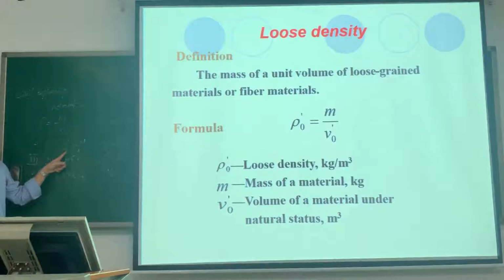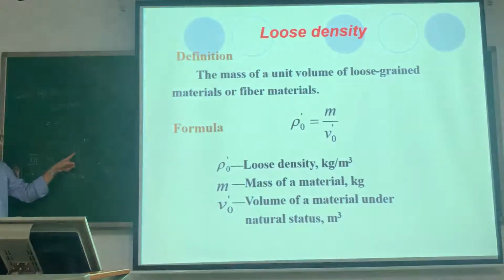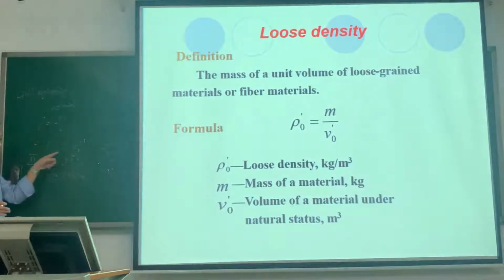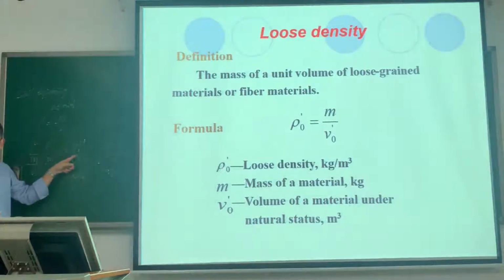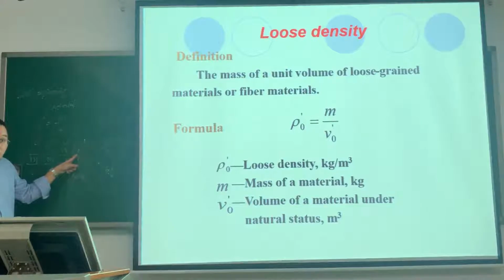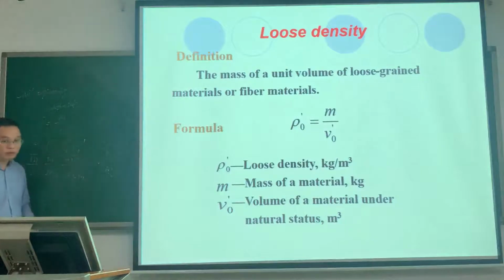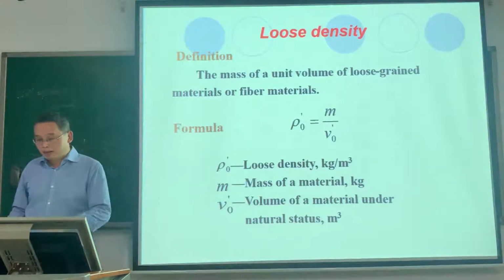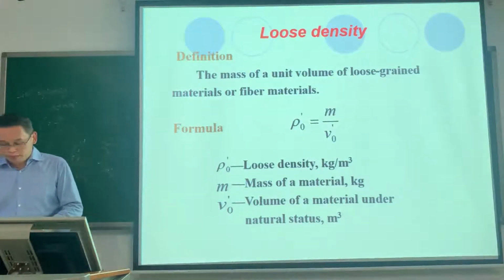So my question is, when the loose density is compared with these three, how about it? Would it be much bigger or smaller? Smaller. It would be much smaller when you compare with these three. So this is about the loose density of them.